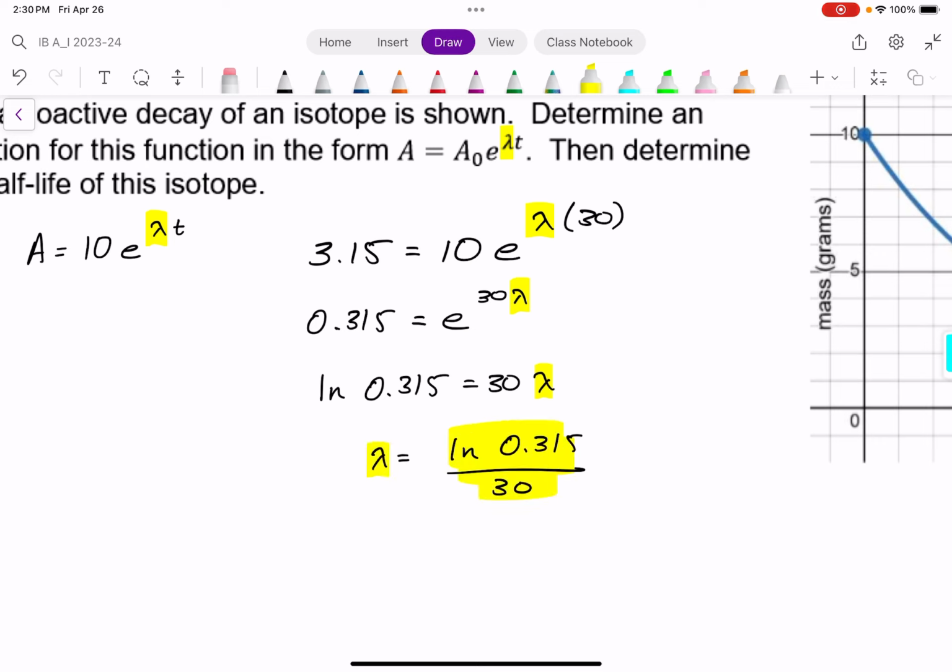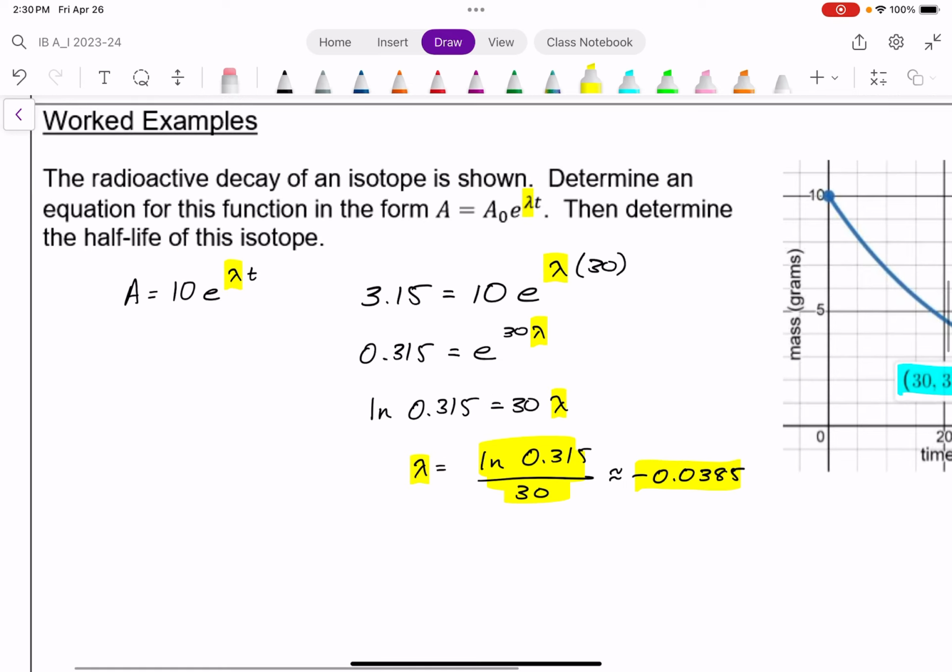All right, now that said, that's to three significant figures. That's approximately negative 0.0385. That's my approximation. Notice it's a negative number. You can also imagine this meaning that 0.0385, similar to 3.85%, is the rate of loss or decay.